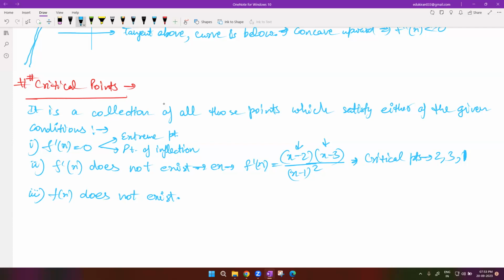So that is how we can define the critical points and point of inflection. Now let's understand, if f dash x is 0, then what do we get? We will get either extreme points or a point of inflection. How do we identify that? We will check the sign of f dash x. I'm just writing the logic here in front of extreme point. To identify an extreme point, the sign of f dash x must change.